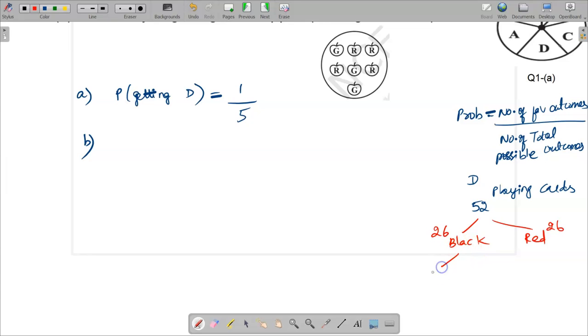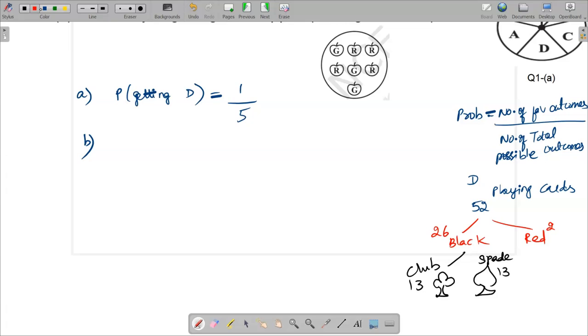Again in the black I have this shape, as well as this shape, so this is club, this is spade.